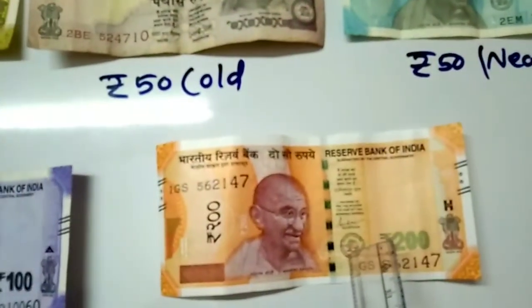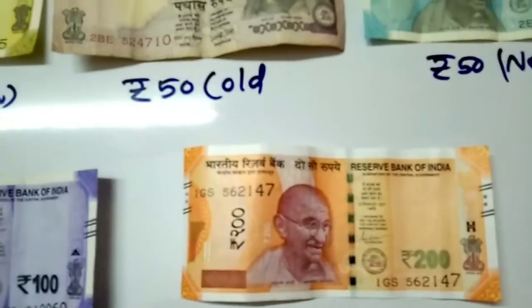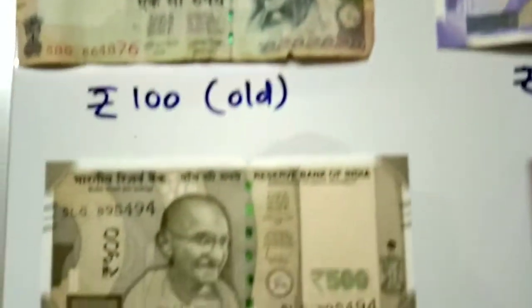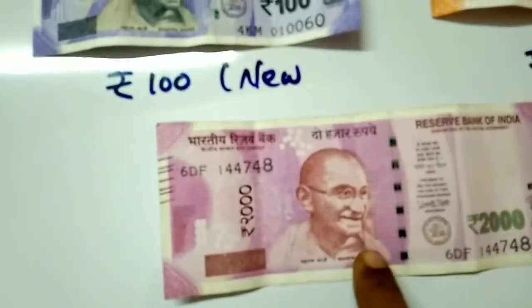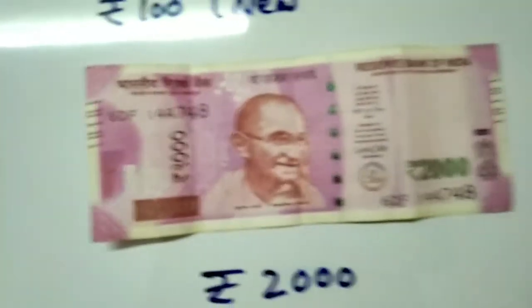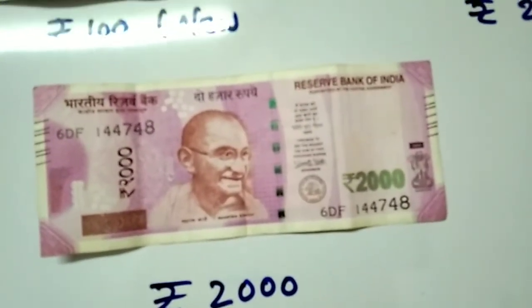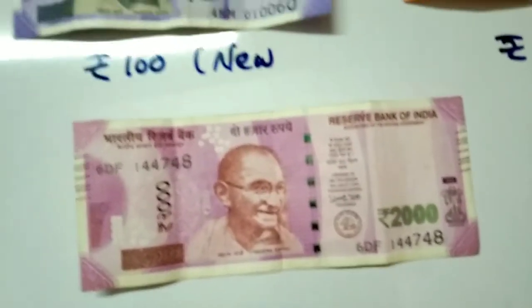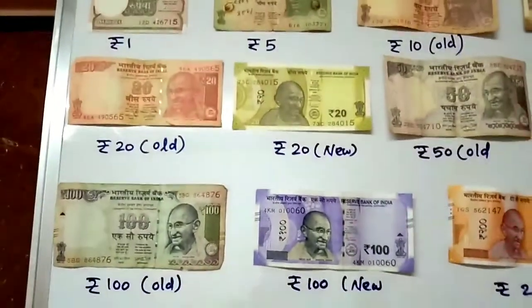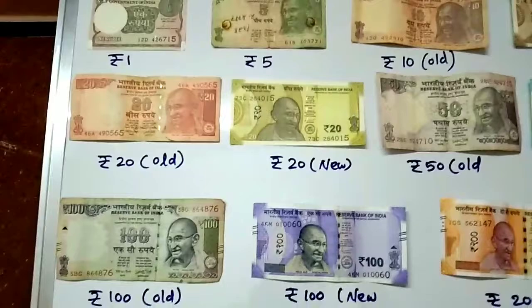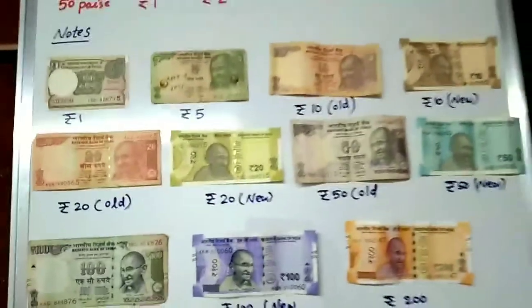This is 200 rupee note. This one is 500 rupee note. And this one is 2000 rupee notes. All these coins and notes with different denominations are called money.